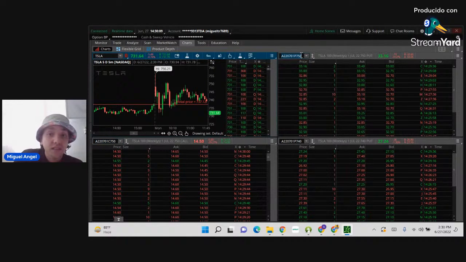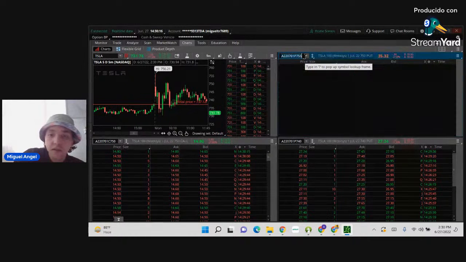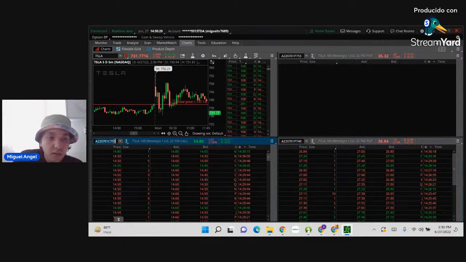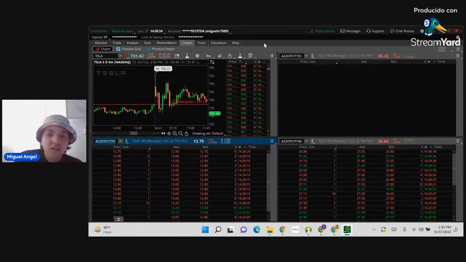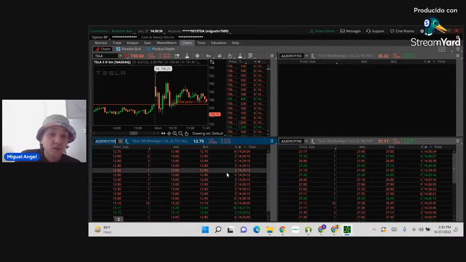So the contracts that you can use to see the momentum could be 50 calls, whichever, doesn't matter. And here I got the puts. Let me set up here. So you can have the 55 puts and the 55 calls, and based on the transactions and what you're seeing, you can determine if price is going up and down.